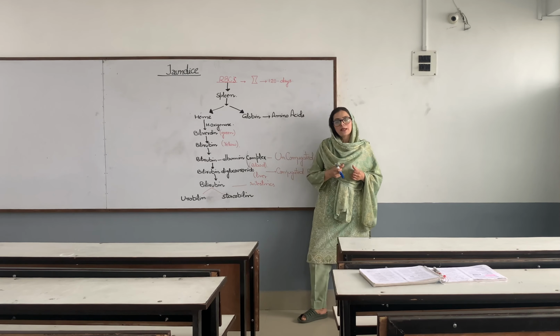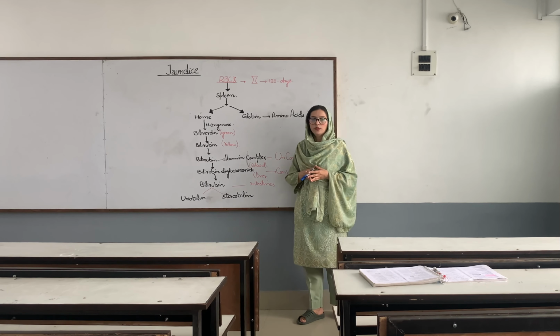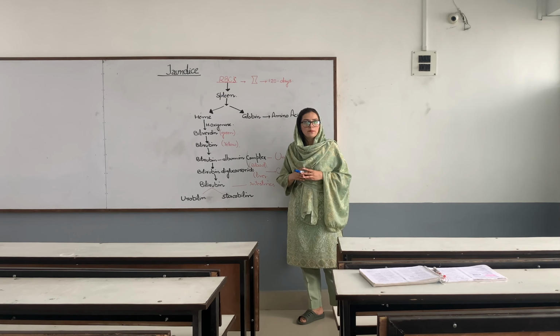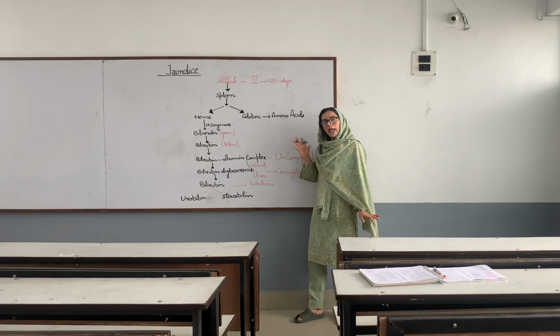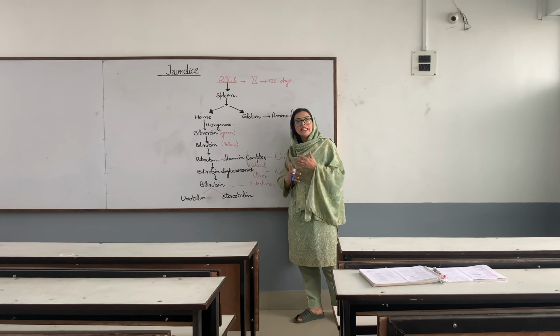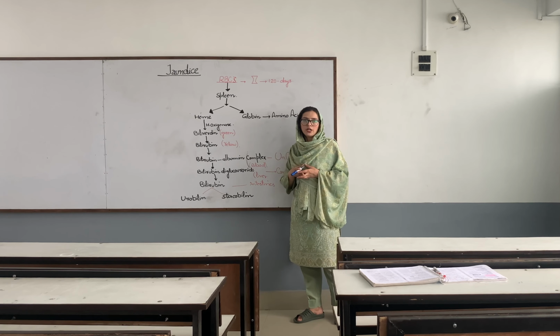There are three main types of jaundice that actually affect a human body. The very first type of jaundice is what we call hemolytic jaundice. As the name indicates, hemolytic is a condition where there is increased degradation of the RBCs. Why does this occur?